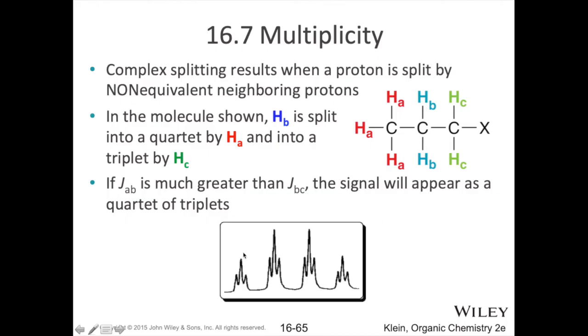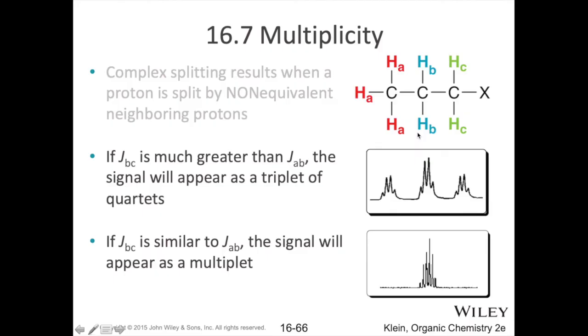And if you want to measure the coupling constant for AB, you would measure from, let's say, the middle of one triplet to the middle of another. That distance is the coupling constant for AB. Again, we see a quartet here because there are three hydrogen A's splitting your hydrogen B into a quartet.